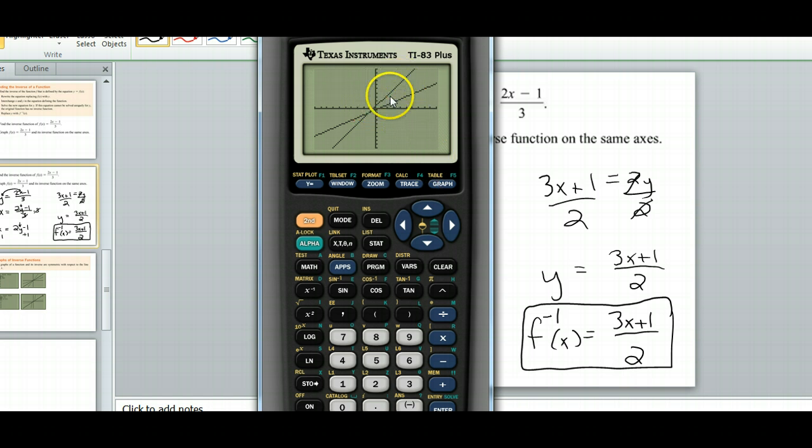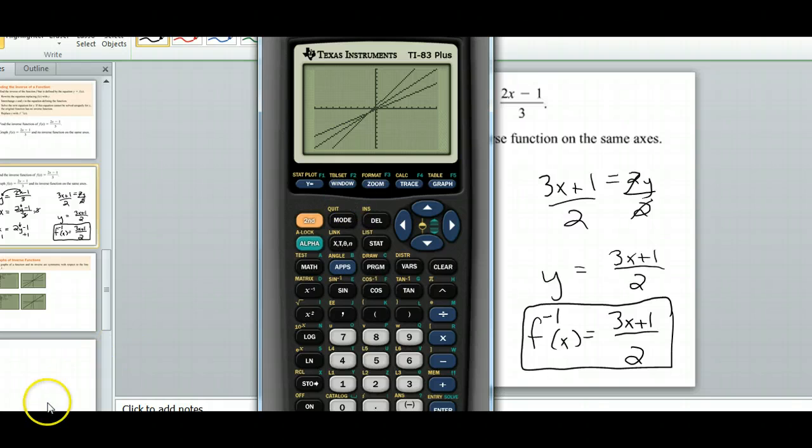Alright, there is the graph of those two lines. Now what I want to show you, what this last property is, if I plug in the line y equals x here, the graph of these two lines are reflected over that y equals x line.